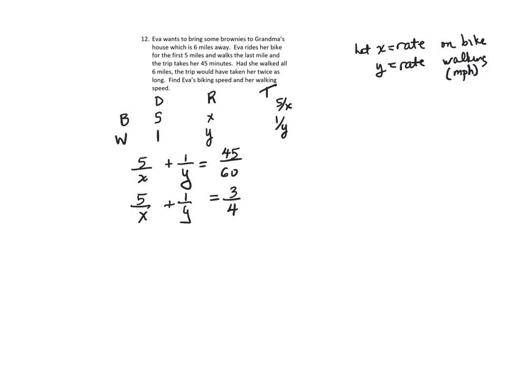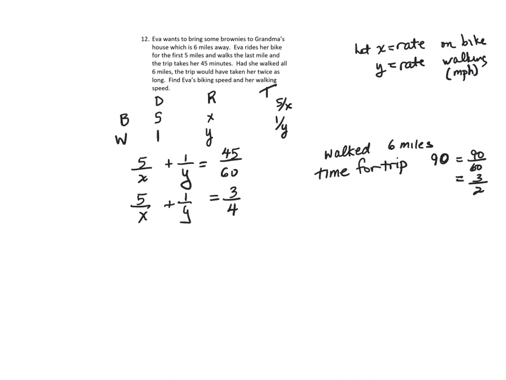Had she walked all 6 miles, so if she walked 6 miles, the trip would have taken her twice as long. So if the trip would have taken her twice as long, the time for her trip would have been 90 minutes, which is 90 over 60, or 3/2.